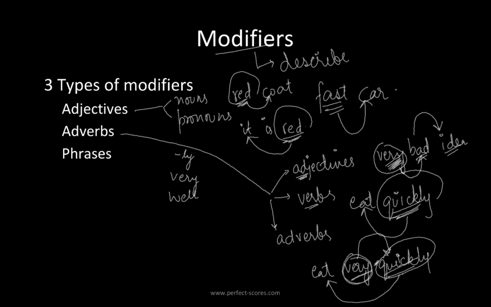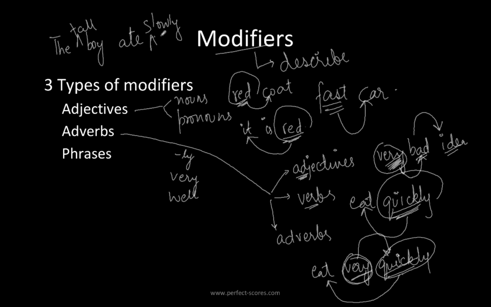So these are modifiers. If I give you a simple sentence, let's say, the boy ate. If you want to add more information to this, you will probably use modifiers. So you can say, for example, the tall boy ate slowly. All these extra additions that I've made, without which the sentence is also grammatically complete and correct, are modifiers.